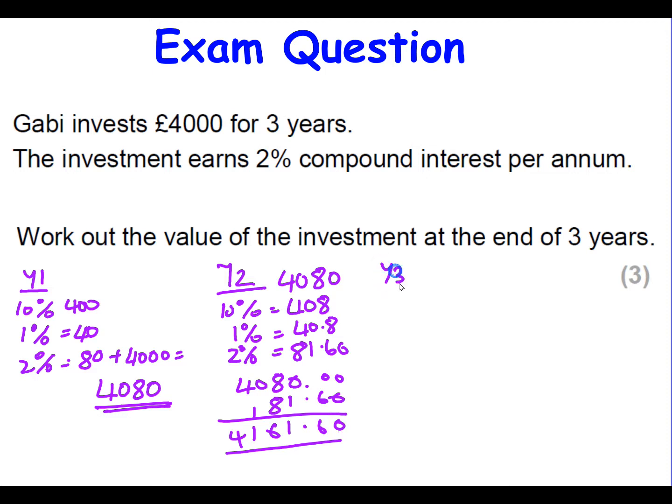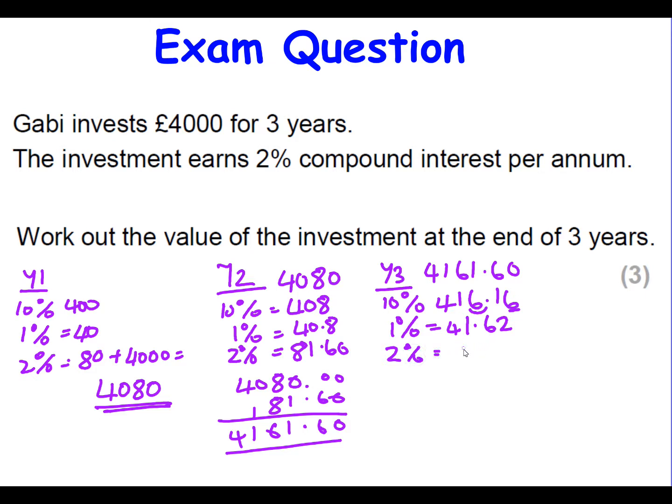So now let's look at year 3. We have a starting amount of £4,161.60. So our 10% for that would be £416.16. Our 1% we're going to need to round, so we move the decimal point 1 place and we end up with £41.62 because of that 6. The 2% mark would be doubling this, which would be £83.24.